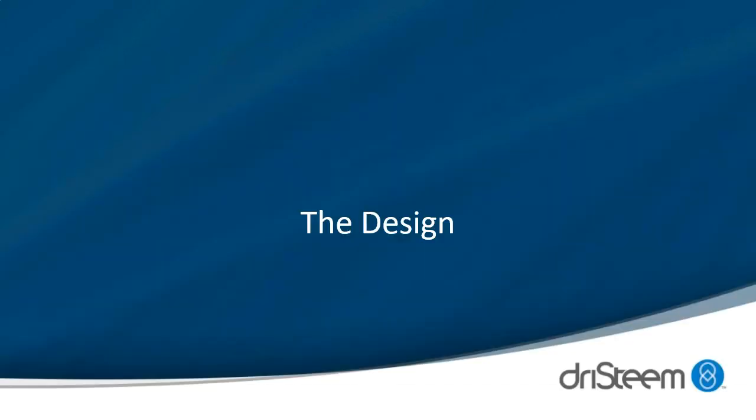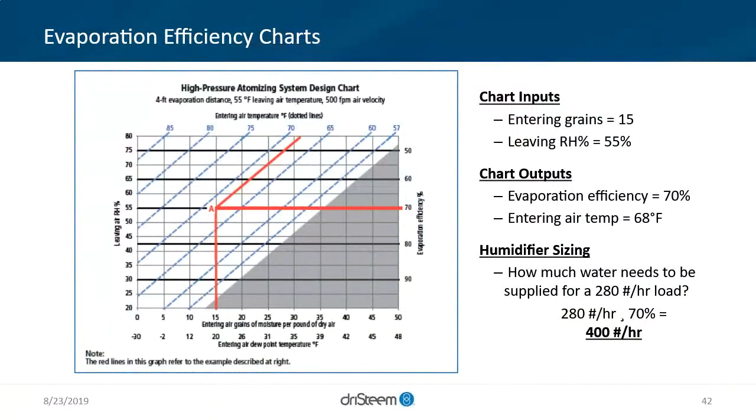So a little bit into the design, talking about evaporation efficiency. If we look at chart inputs of 15 grains, which would be down at the bottom of this scale, and we want a leaving RH of 55%, we can target a 70% evaporation efficiency. These charts are something that we have published.